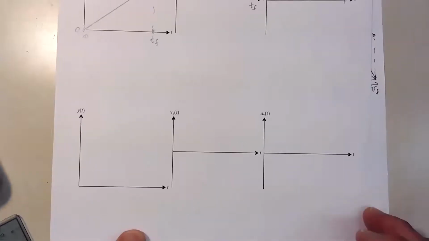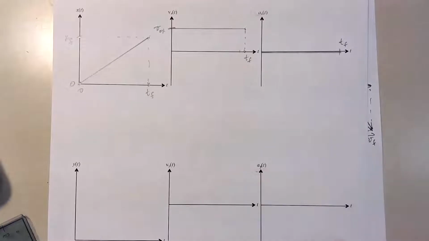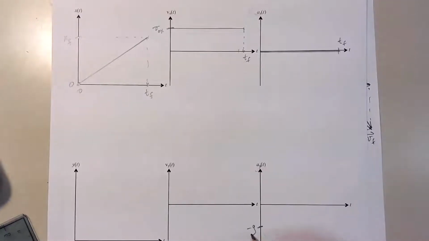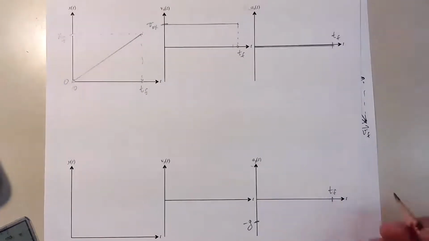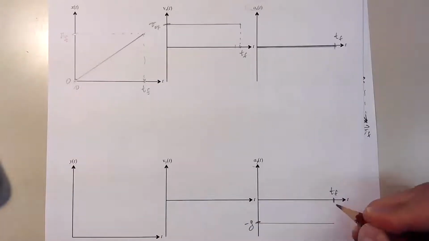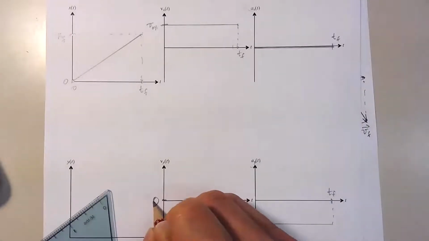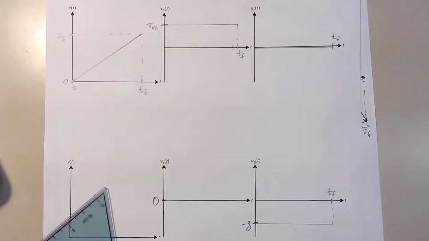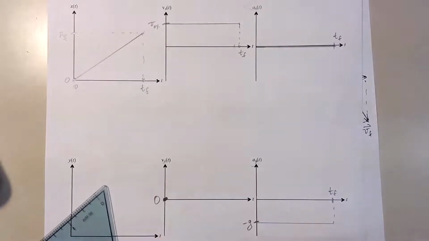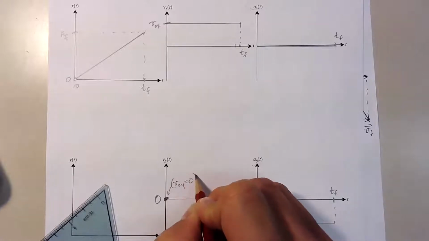Y direction. At all times in the y direction, acceleration has a value of negative g. Y velocity, we know that initial y velocity happens to start at 0 because the object was thrown horizontally, right? So that's the initial y velocity equal to 0 right there.